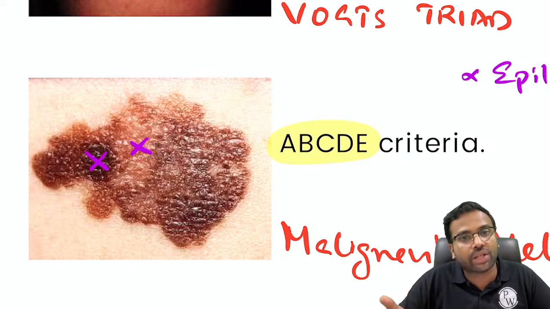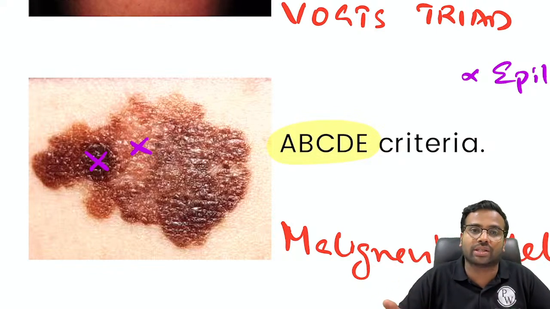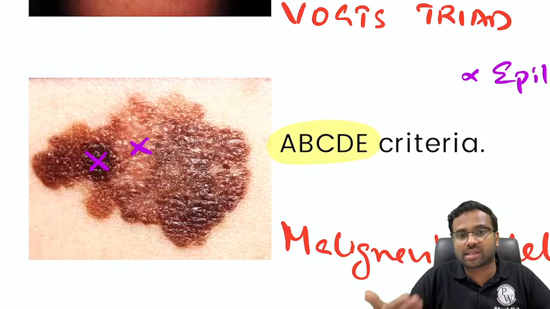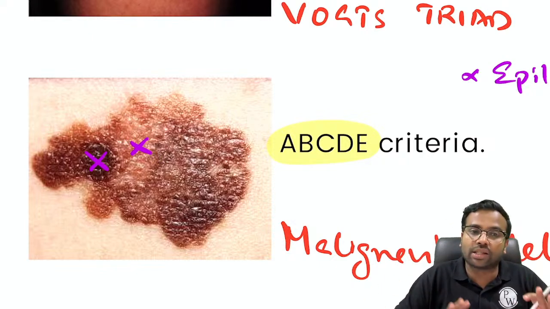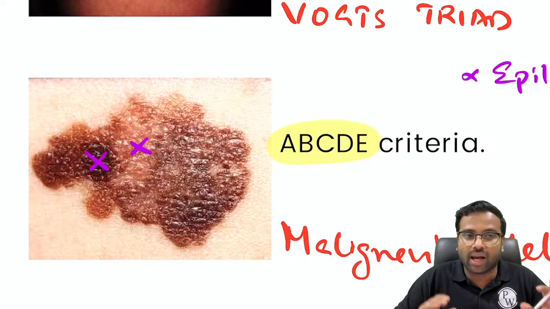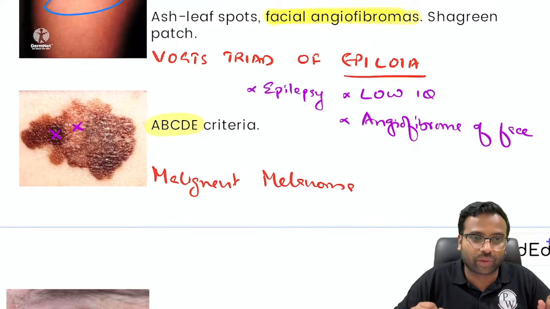The color may be changing, the shape may be changing, isn't it? So evolving in color, size and shape. This is called the ABCDE criteria, and this is done for the evaluation of a malignant melanoma. Okay, very good.